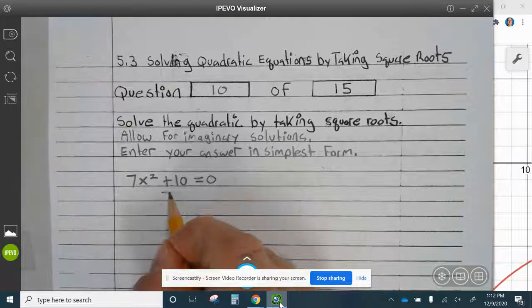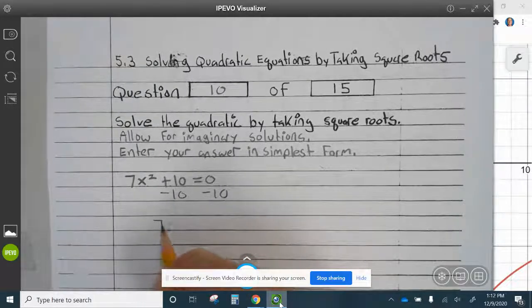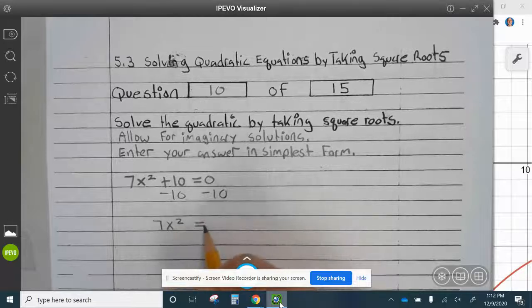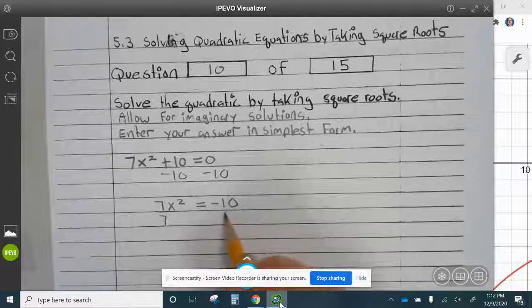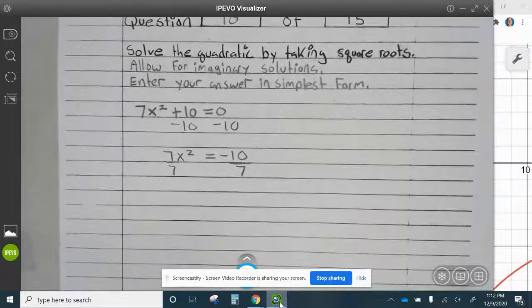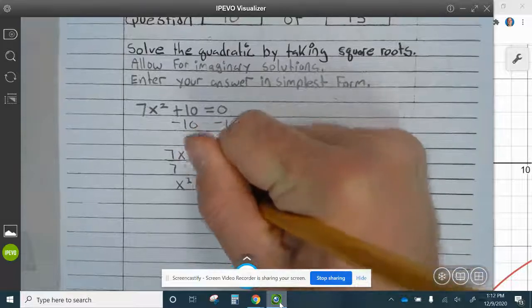Okay, so we're going to subtract 10 from both sides. So you get 7x squared equals negative 10. Okay, divide both sides by 7. Okay, x squared equals negative 10 divided by 7.